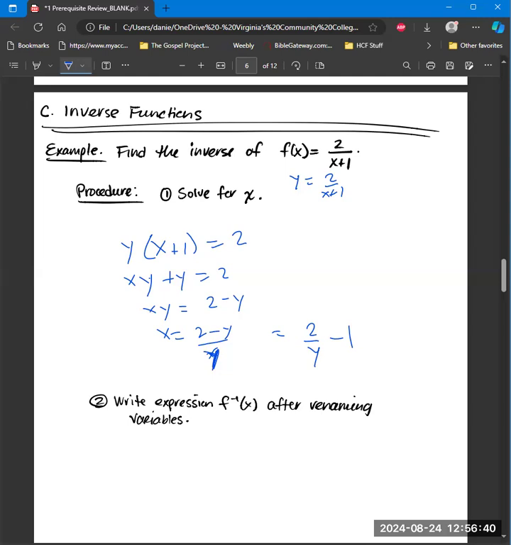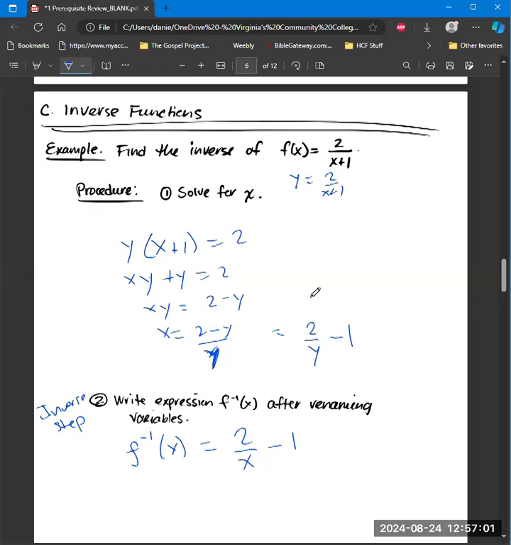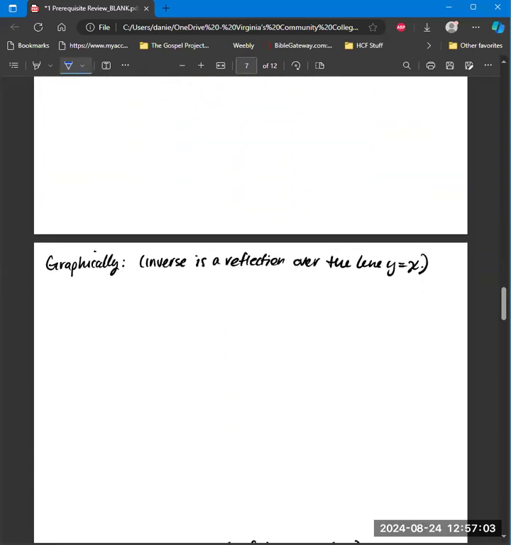So now we're going to call x f inverse of x, and we're going to make our y our x. This is our inverse step right here. And then we can confirm graphically that they are inverses of one another.